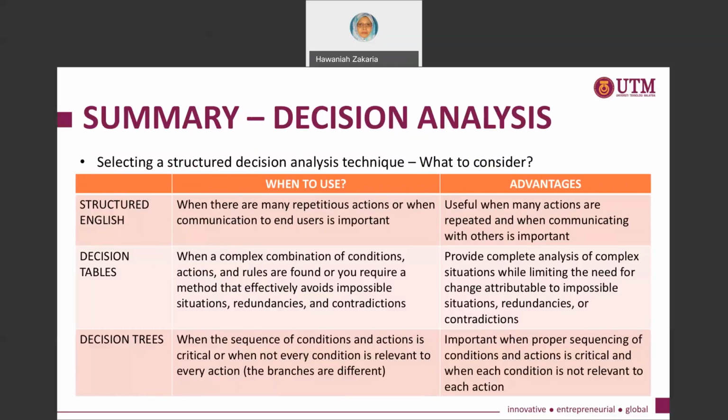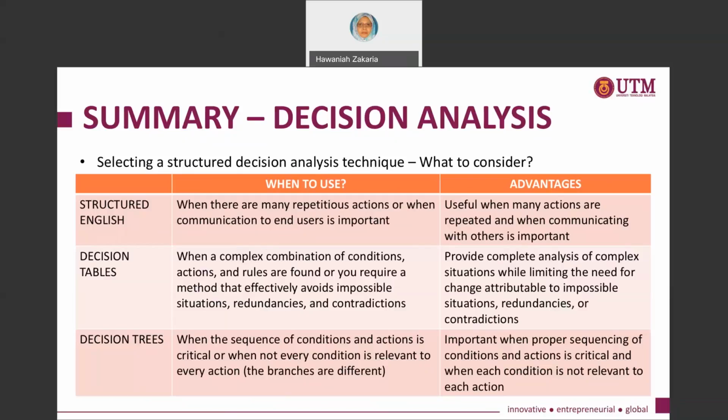As for decision table, use it when you have a complex combination of actions and rules, and you require a method that effectively avoids impossible situations, redundancies, and contradiction. Advantages: it provides complete analysis of complex situations while limiting the need for change attributable to impossible situations, redundancies, and contradiction.